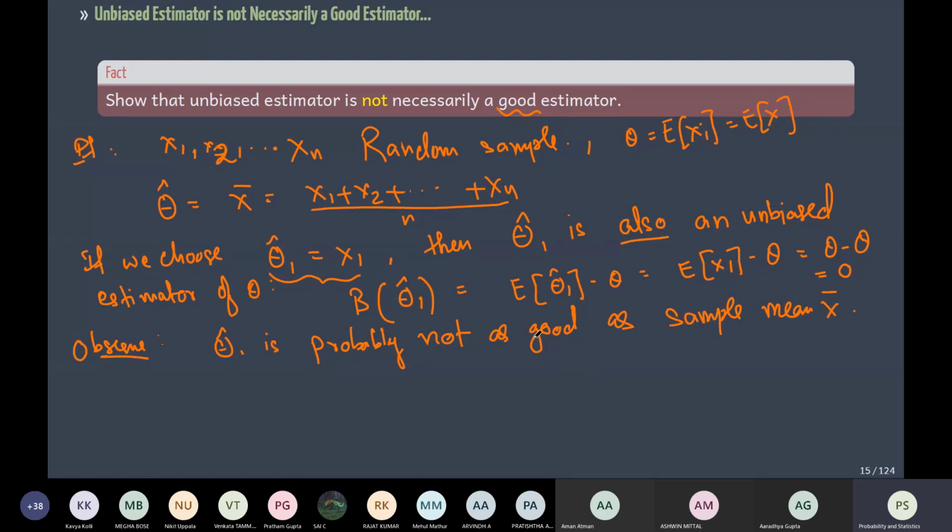Ideally the mean would be better if I take the mean like this, where I take more and more samples, and then I take the expectation of that and so on. That is the estimate we believe is better than just taking the first sample.